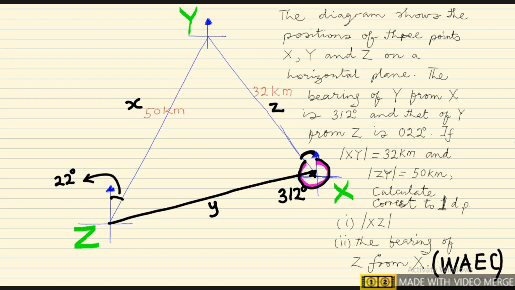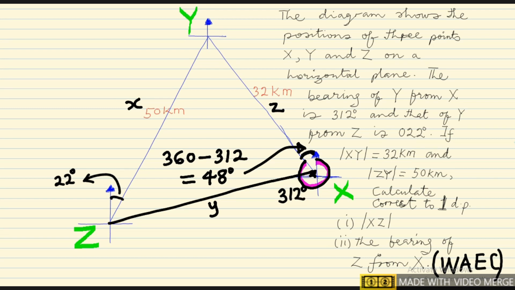Of course, that balances 360 degrees. So to get that small angle there, we can simply say 360 minus 312, and that basically equals 48 degrees. So that's the value of this angle here.